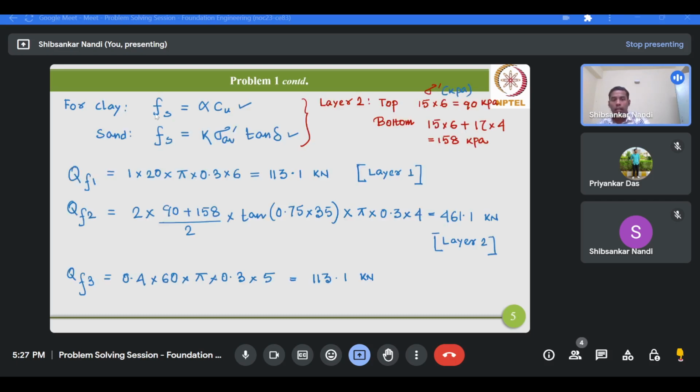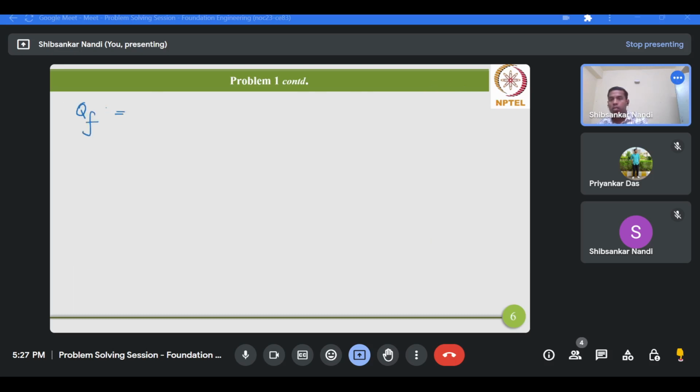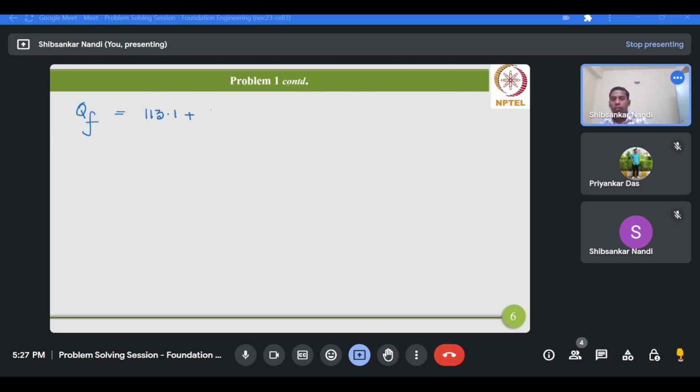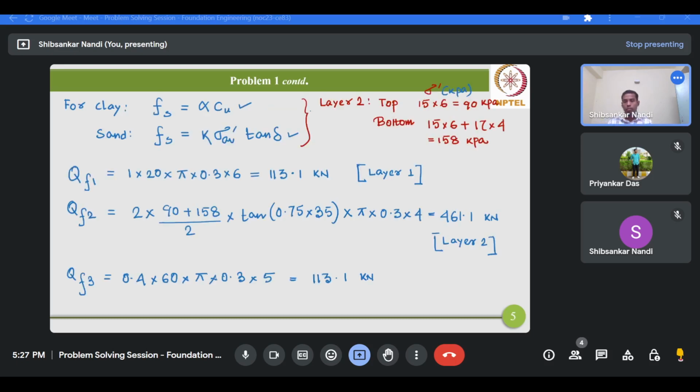So 113.1 plus 461.1, plus the first layer's component.